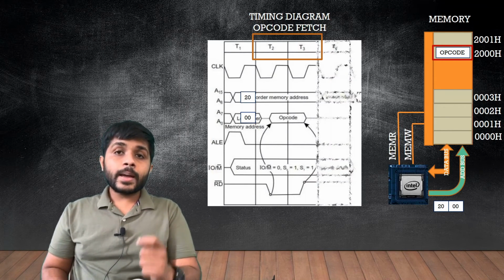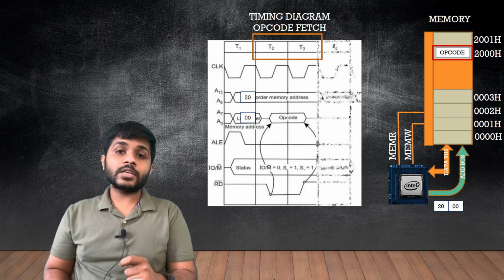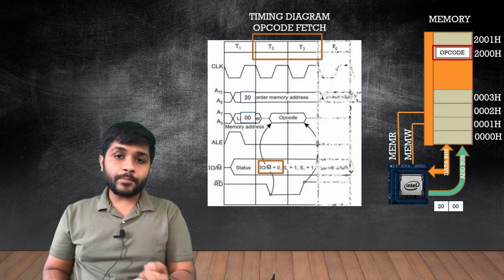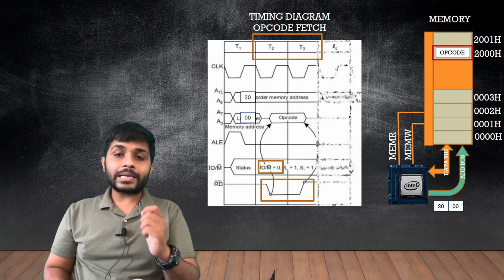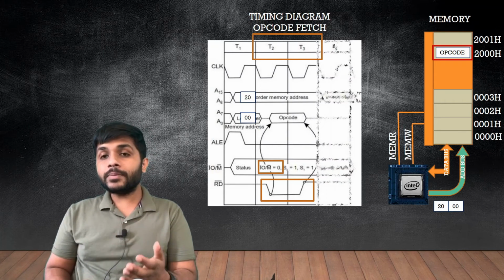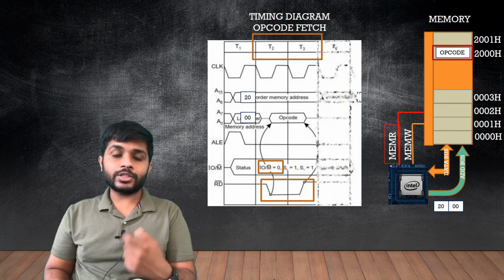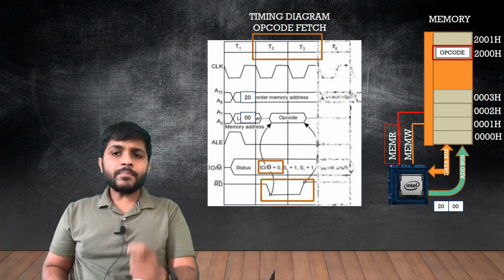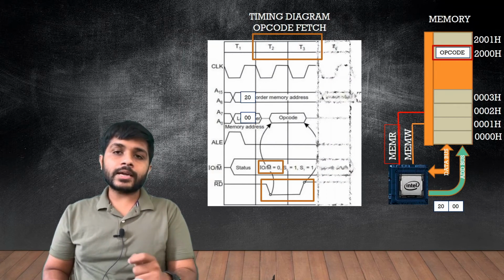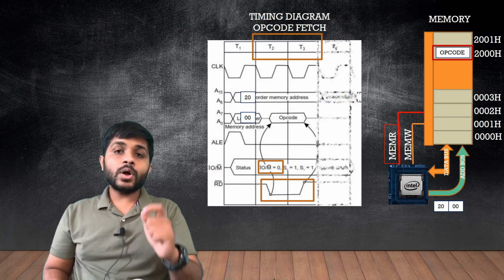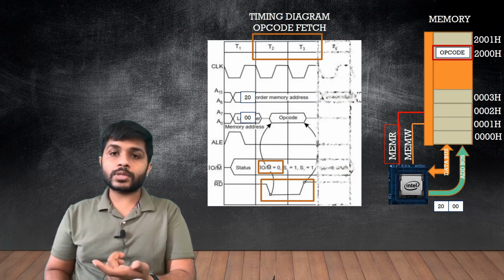To generate the memory read control signal, the processor combines signals such as IO/M bar and read bar. When the value of IO/M bar is 0 and read bar is low, the memory read control signal is generated. When the memory receives the memory read control signal, it understands that the microprocessor wants to read the selected memory location, which is 2000H.